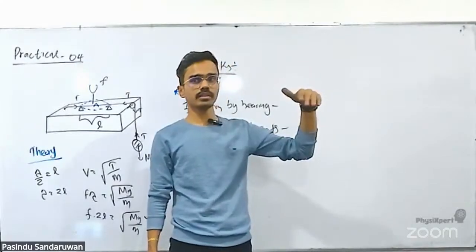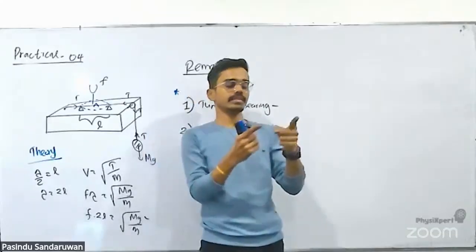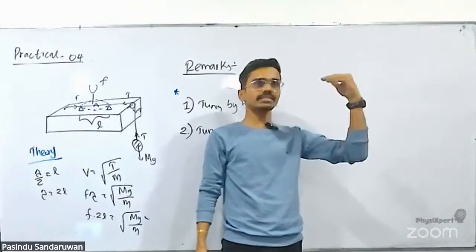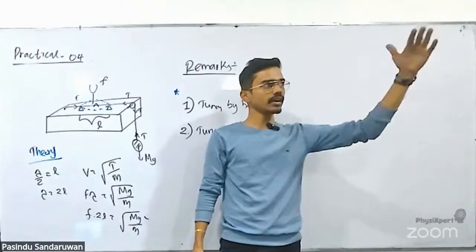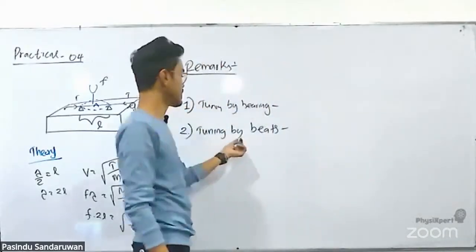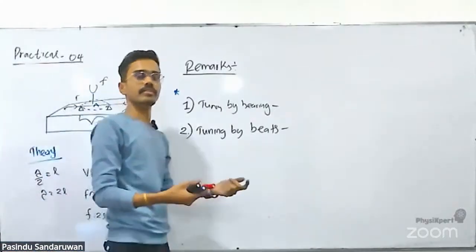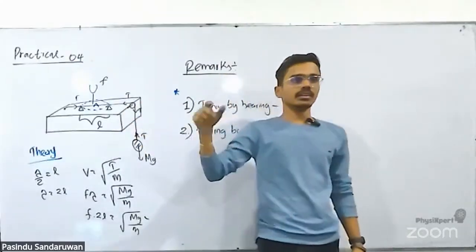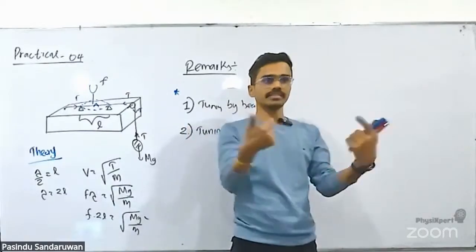If we vibrate say 250 hertz and 256 hertz, you will hear 6 intense sounds. Now once these two are vibrated together simultaneously, we'll hear beats, and you have to adjust this until no beats are heard, because only at that point are the frequencies equal.